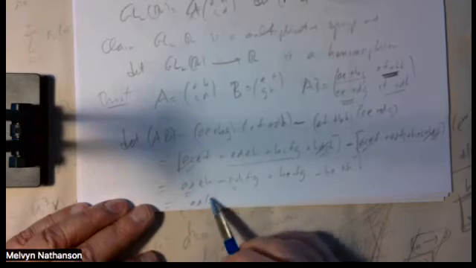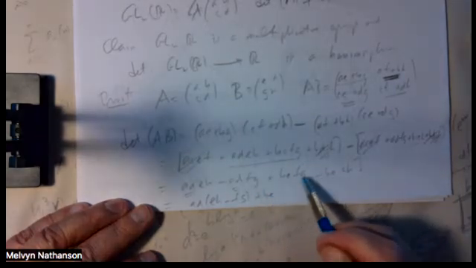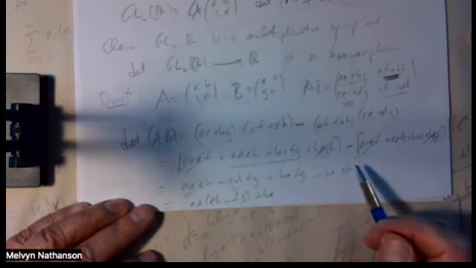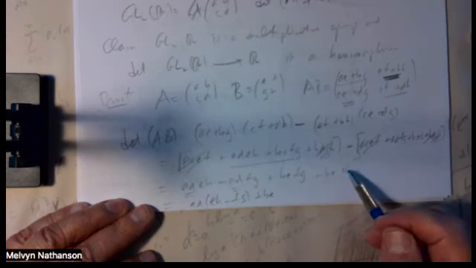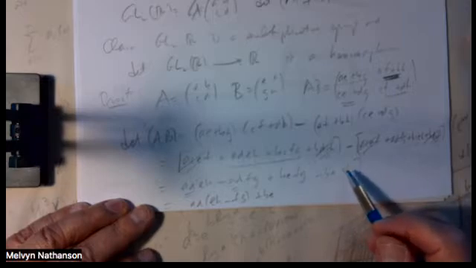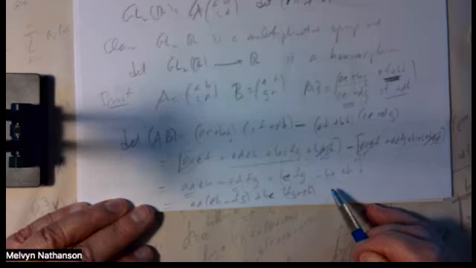So if I factor out the AD from this, I have AD times (EH minus FG) plus BE. I factor that out, I have FG minus CH, BE, FG... oops, this is a C. Factor out BC, I have FG minus EH.